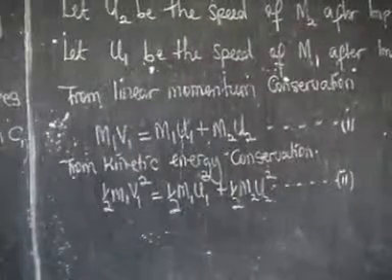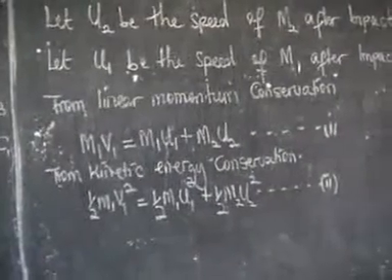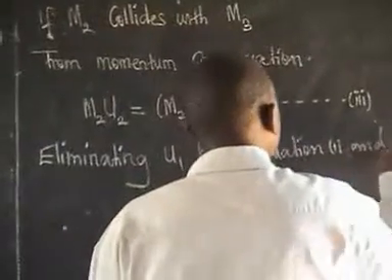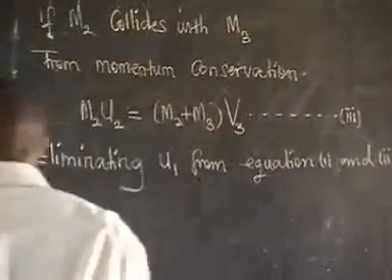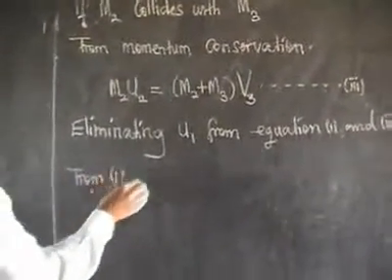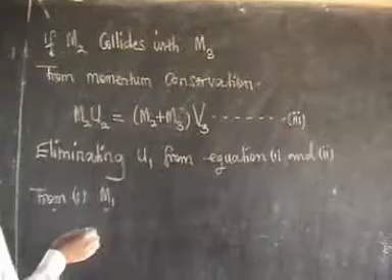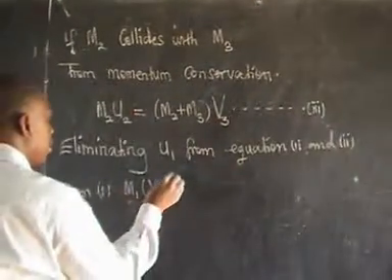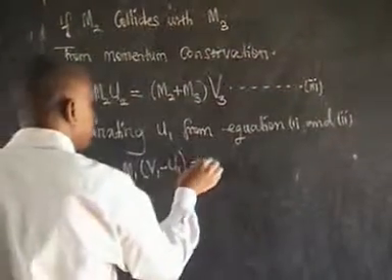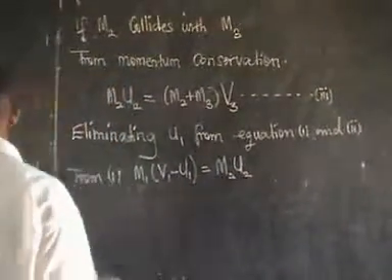So eliminating U1 from 1 and 2, from 1 we shall have M1 bracket V1 minus U1 is equal to M2 U2.